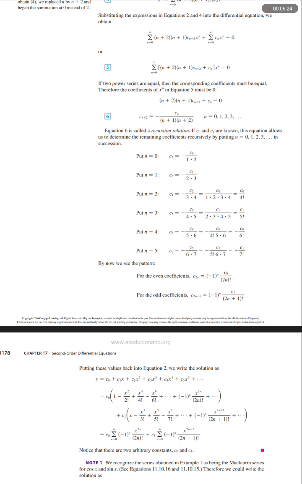Equation 6 is called a recursion relation. If c sub naught and c sub 1 are unknown, this equation allows us to determine the remaining coefficients recursively by putting n equals 0, 1, 2, 3 in succession.